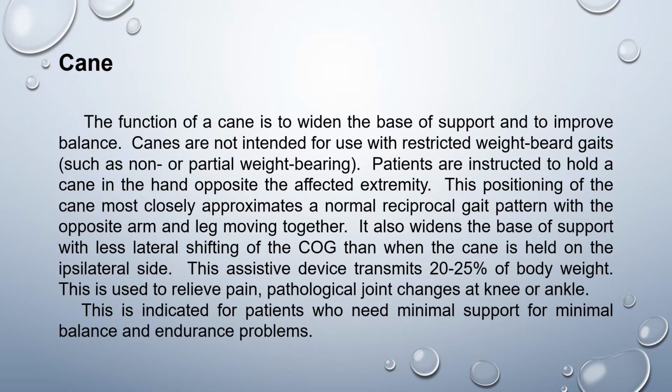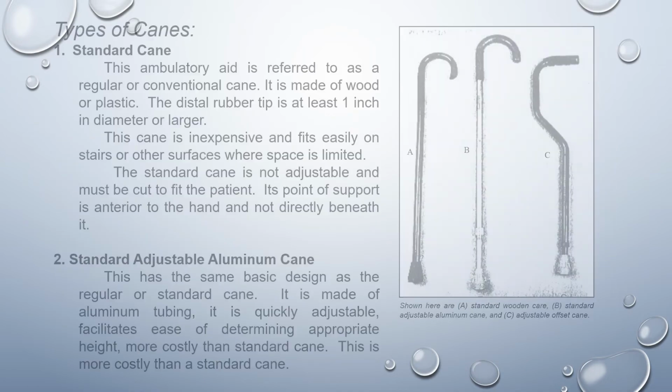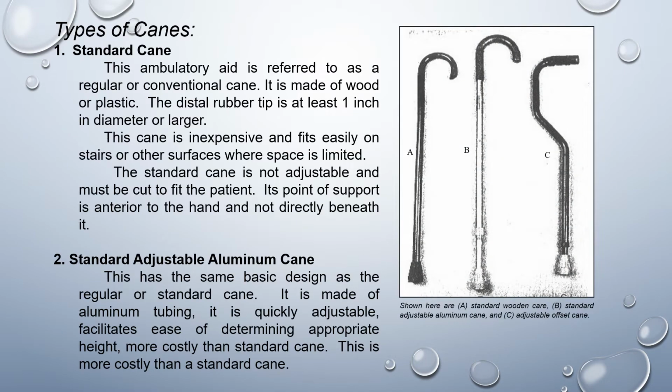So, types of cane, we have the standard cane. So this ambulatory aid is referred to as the regular or conventional cane. It is made of wood or plastic. The distal rubber tip is at least 1 inch in diameter or larger.